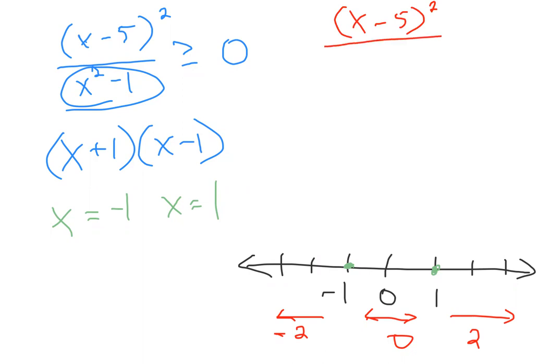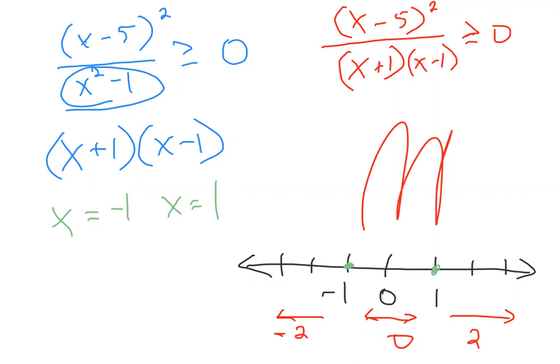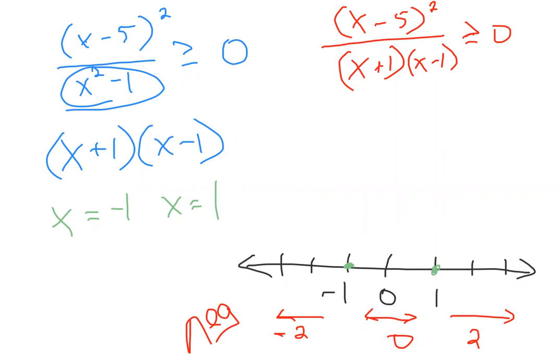But here's the part that really bothers students. I don't care about the answer. I just care if it is positive or negative. Because if it's positive, it's telling me I'm up here. If it's negative, I'm down here. That's what it's telling me.